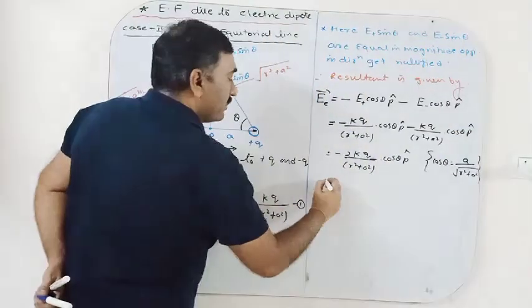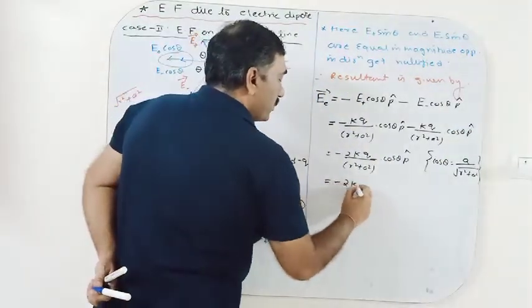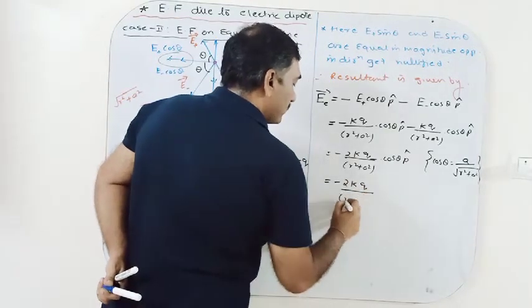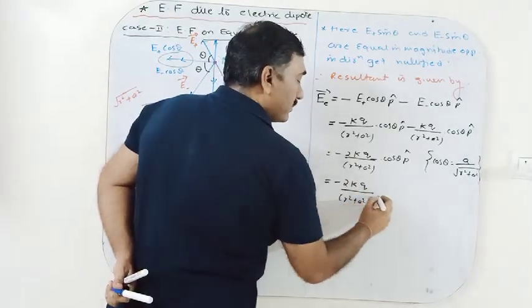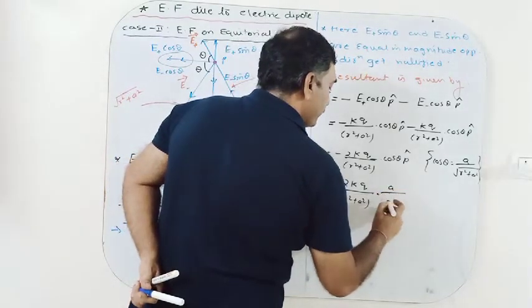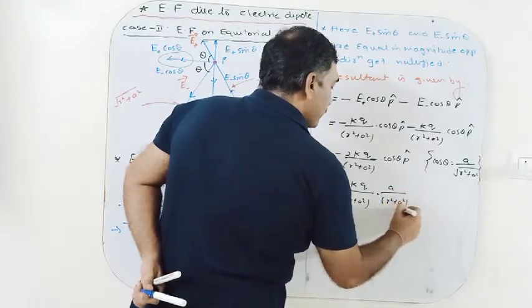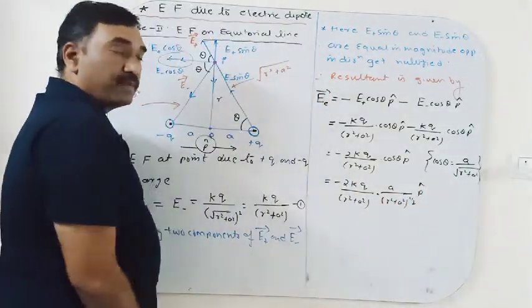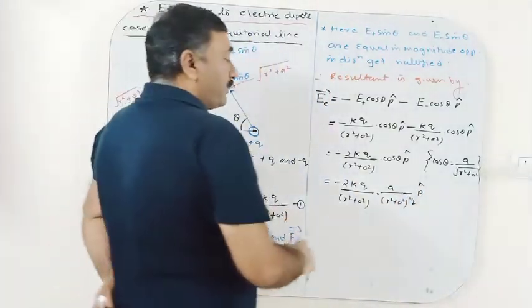Substituting, we can write minus 2kq upon r square plus a square into a upon root of r square plus a square, that is raised to power 1 by 2, with the direction of p caret. But we already know that q into 2a is the dipole moment.